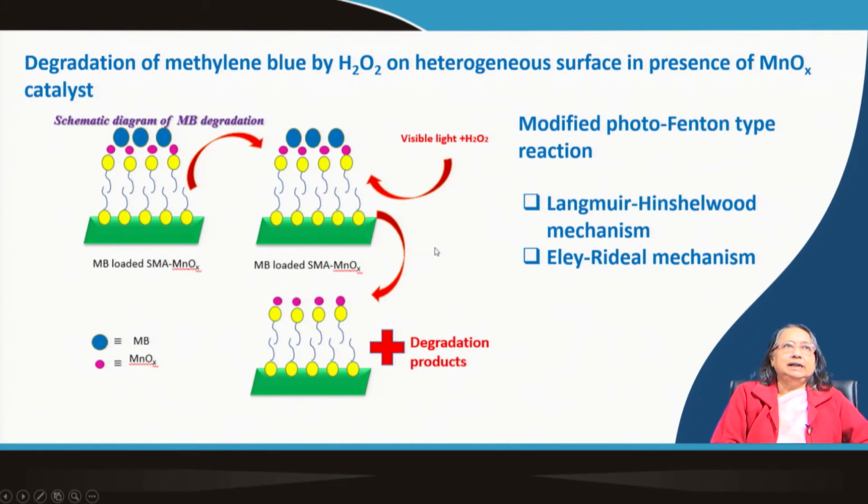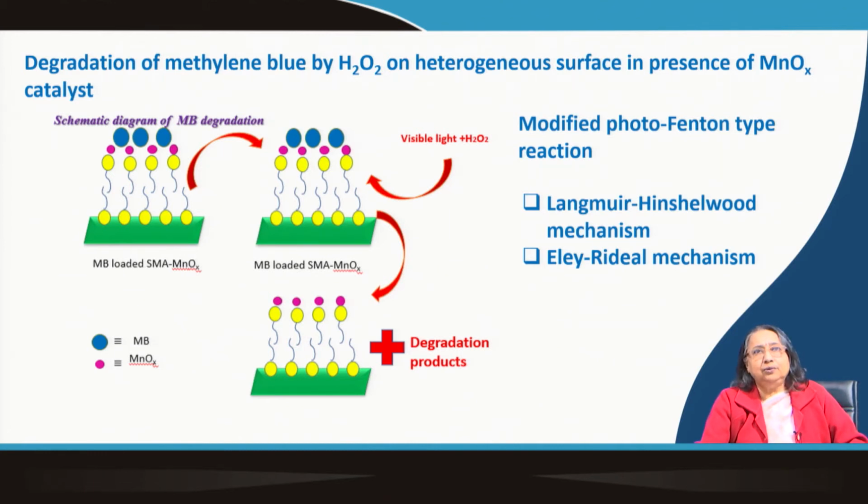So, this type of degradation is called advanced oxidation process or AOP. Okay. So, OH dot is a very powerful oxidizing agent, and that is coming from the H2O2 with some catalyst, it is forming that OH dot. So, when OH dot is produced, that will oxidize the methylene blue, okay, and some degradation products will be formed.